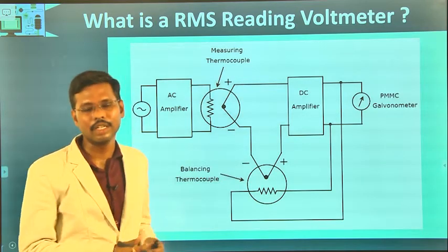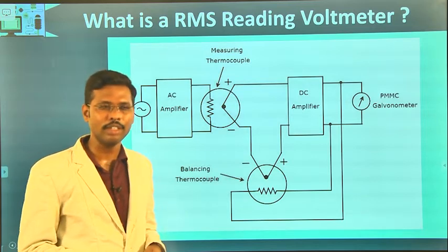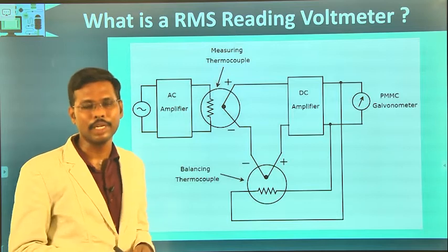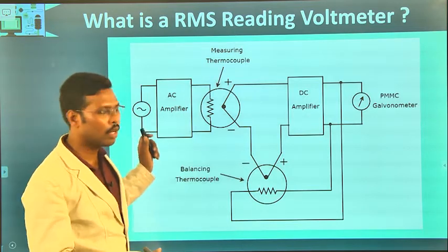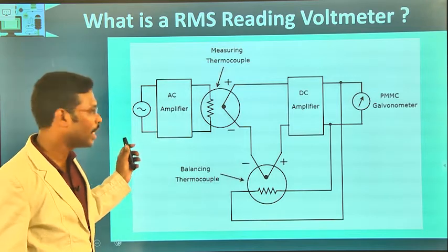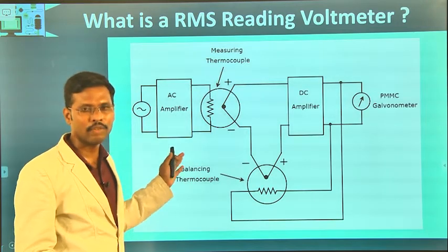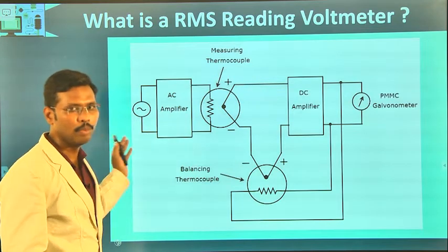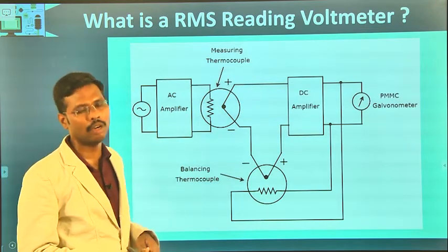Till now, the meters you have seen measure voltages or currents or other parameters directly, but only in this true RMS responding voltmeter do we measure the voltage by taking the secondary effect of thermal nature, and from it we measure the input signal. Let us see how it happens.